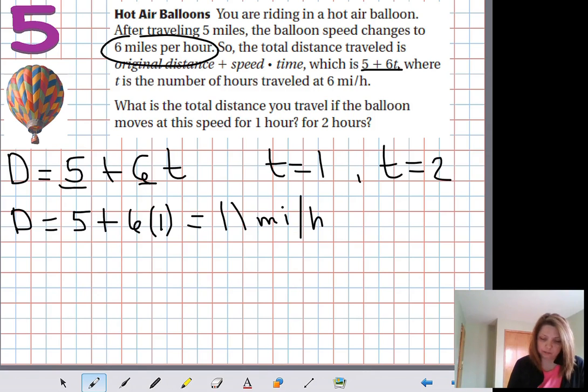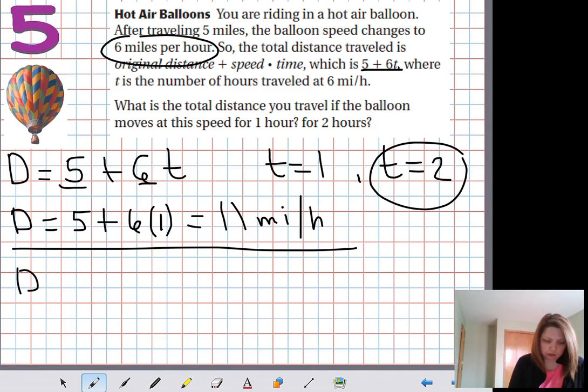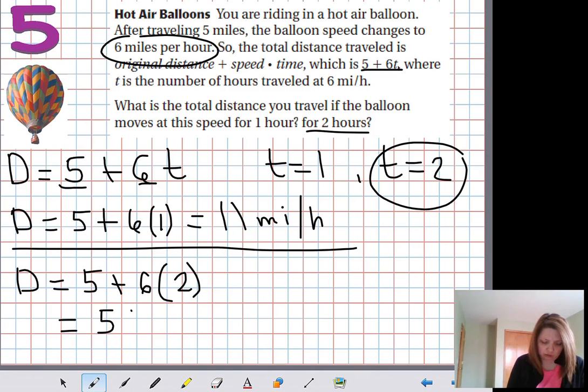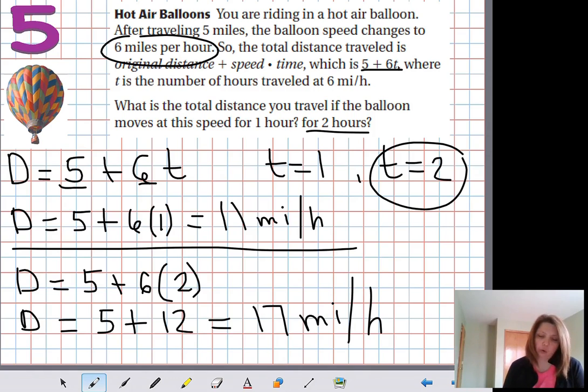And then for the second timing, which is 2 hours, the distance is equal to 5 plus 6 times 2. So we're using the same expression here, but instead of t this time we'll put the number 2 for 2 hours. And we will get 5 plus 6 times 2, which is 12. So 5 plus 12 will give us 17 miles.